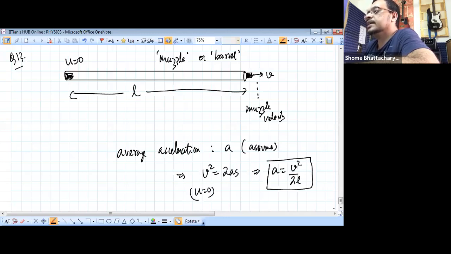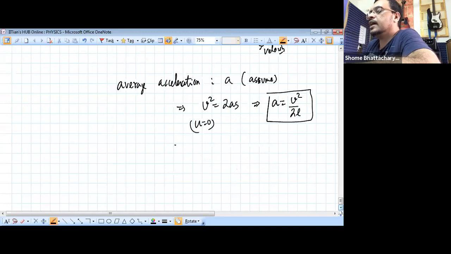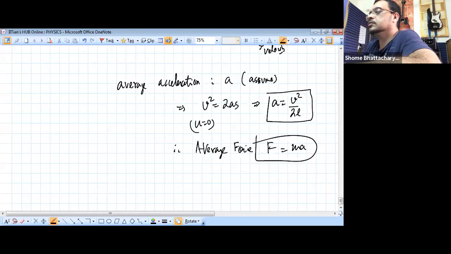So that is your average acceleration. So therefore average force. So again, it is basically a matter of kinematics. You have to apply kinematics to solve this. So this was question 13.